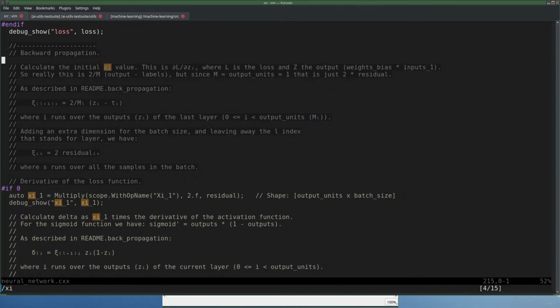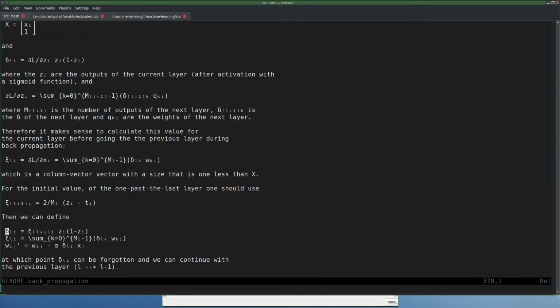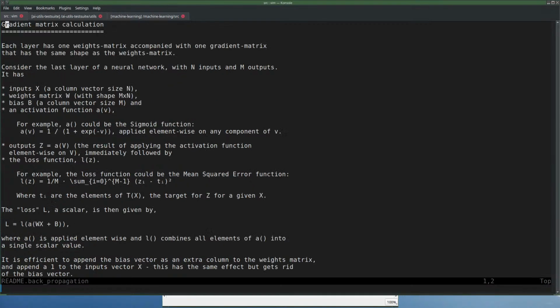Oh the heck! I'm going to go through the whole README, and as a viewer, you should be happy about that, I guess, to refresh my own mind. Each layer has one weight matrix, accompanied with one gradient matrix that is the same shape as the weight matrix.